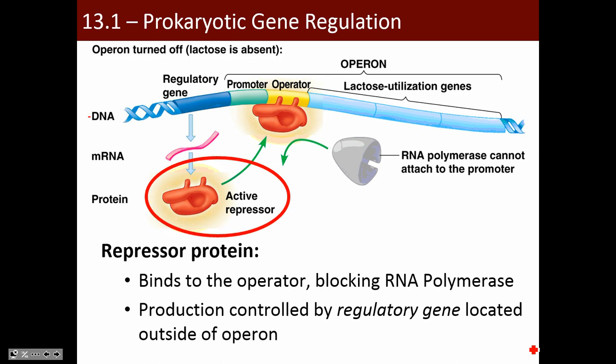Whenever it's created, it's going to typically bind to the operator and turn off the lac operon. Its creation is controlled by this regulatory gene, and generally speaking, repressor proteins are just made whenever they're in short supply. So when we run out of repressor proteins, we make some more, and we would run out because they get old and get broken down.